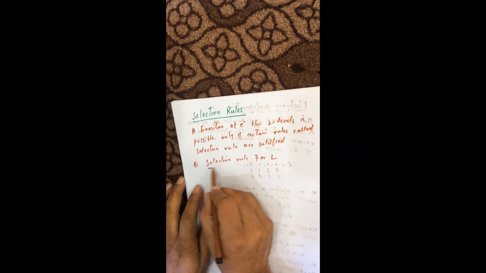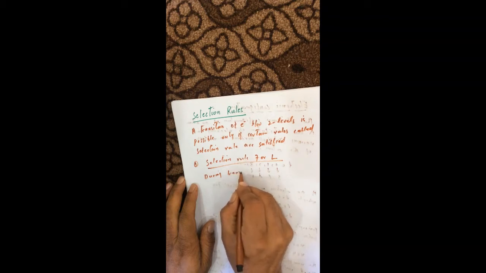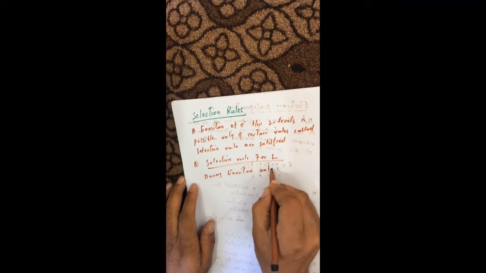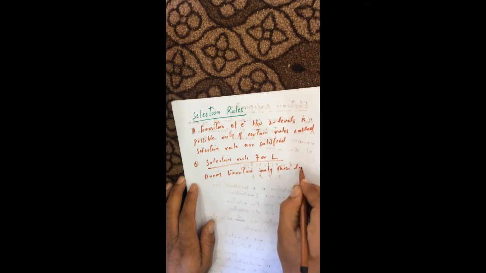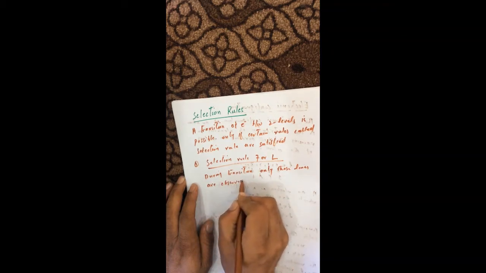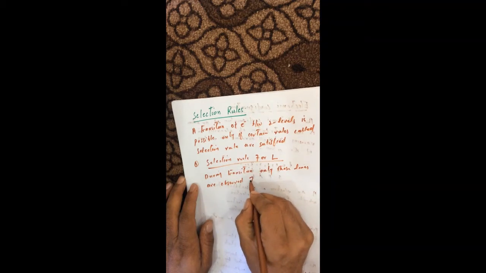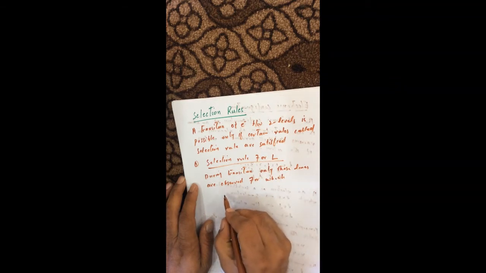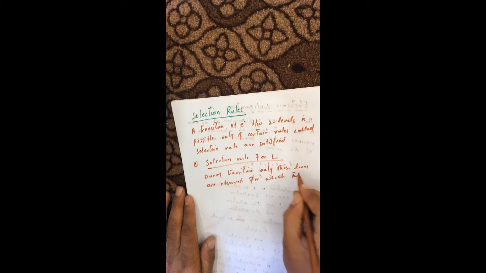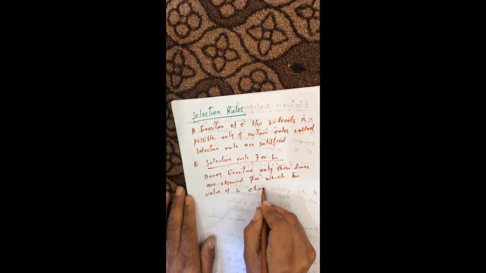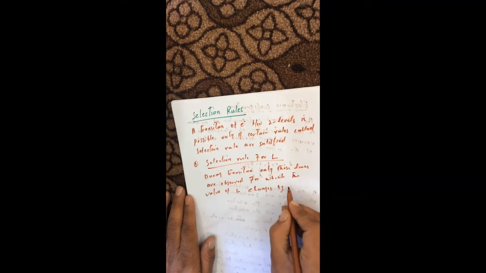Now this rule says that during transition, only those lines are observed for which the value of L changes by plus minus 1.